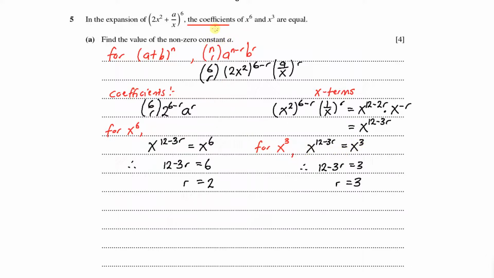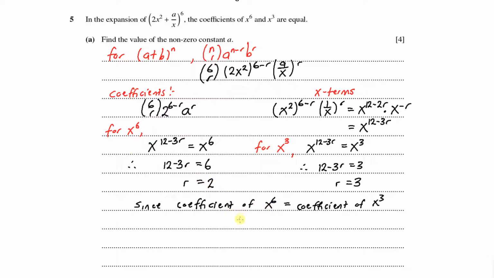According to the question, the coefficients of x to the power 6 and x cubed are equal. So we're saying, since the coefficient of x to the power of 6 is equal to the coefficient of x cubed, then the coefficient of x to the power 6 occurs when r is equal to 2.